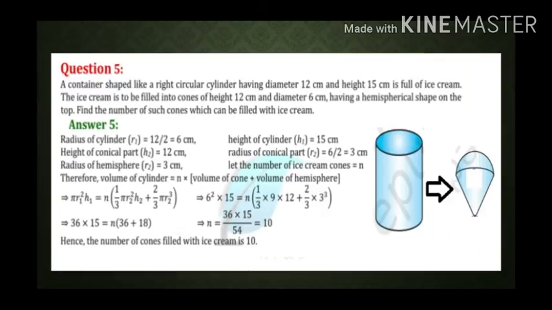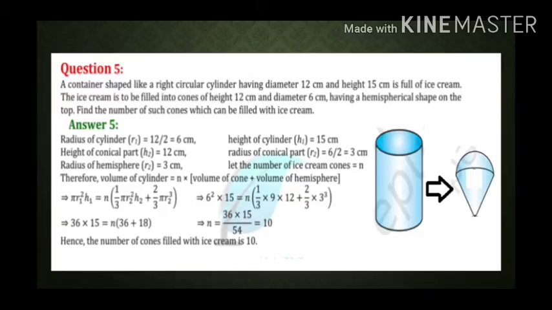Now question number 5. A container shaped like a right circular cylinder having diameter 12 cm and height 15 cm is full of ice cream. The ice cream is to be filled into cones of height 12 cm and diameter 6 cm, having a hemispherical shape on the top.